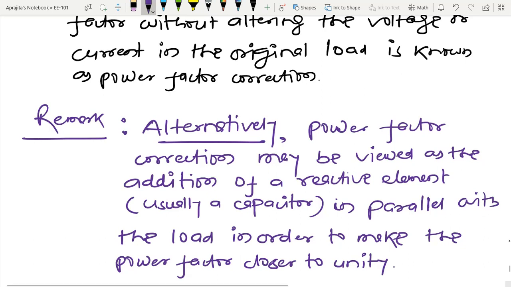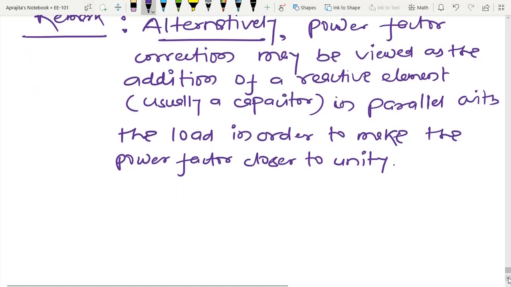So also let us write examples of inductive load, whatever I have discussed.